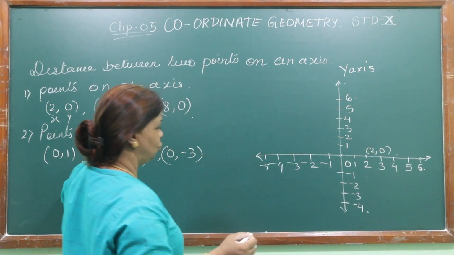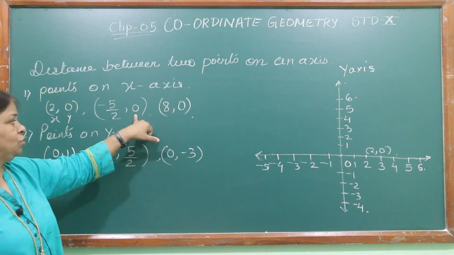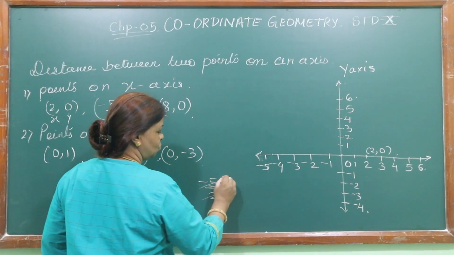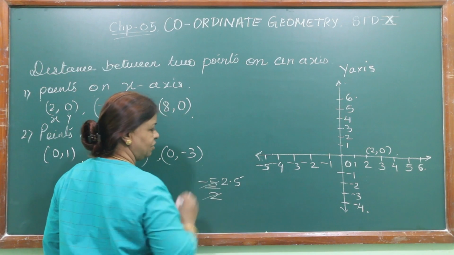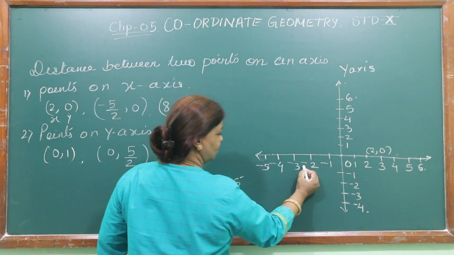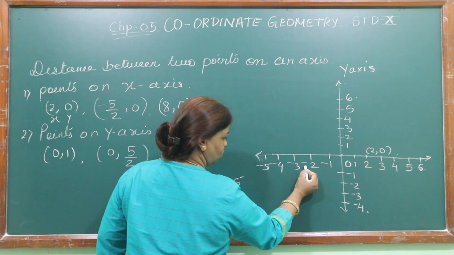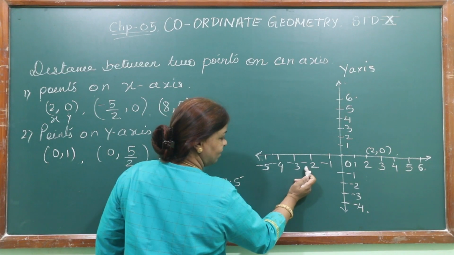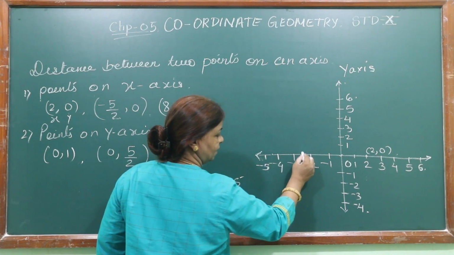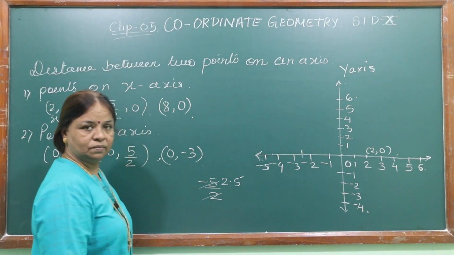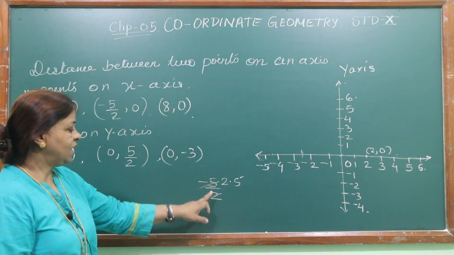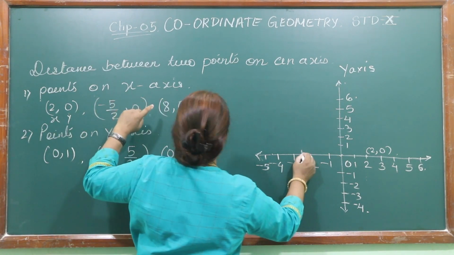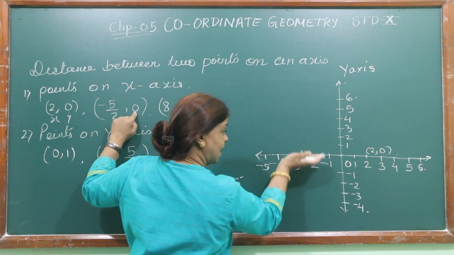Then (-5/2, 0). Let us see, count it. -5 upon 2: divide 5 by 2, 2 2s are 4, 5, -2.5. So -2.5 is somewhere here, not here, sorry. -5 upon 2 will be 2.5, and it will be here somewhere in the middle, and it is 0 on the y-axis.